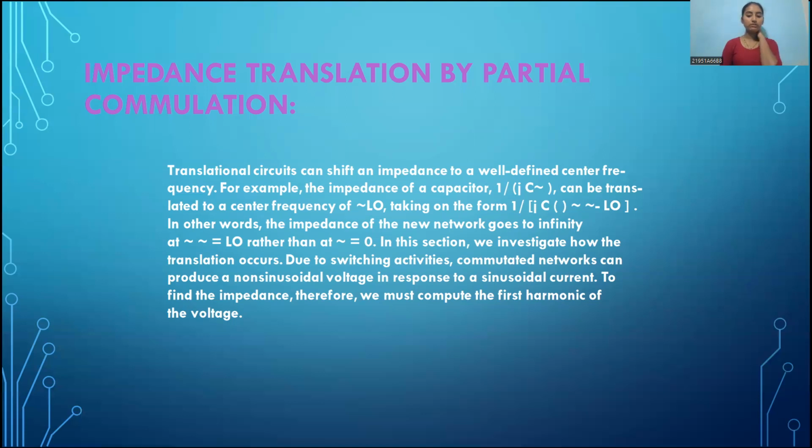In this section we investigate how the translation occurs due to switching activities. Commutated networks can produce a non-sinusoidal voltage in response to a sinusoidal current. To find the impedance, therefore, we must compute the first harmonic of the voltage.